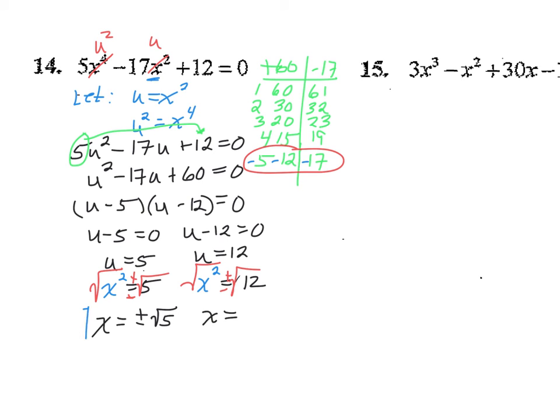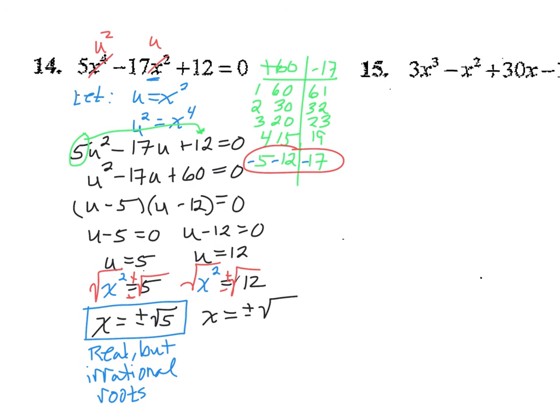So this one's 2 good solutions. They are real, but irrational roots. Irrational roots come in pairs. This one we're going to have plus or minus, and I'm going to prime factor 12 into 2 times 2 times 3.